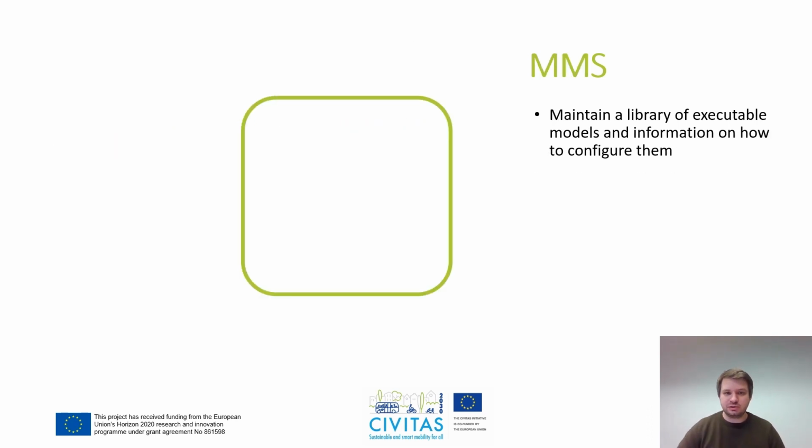The main component in the model management system is the model library manager. Here we have already seen in a previous unit that we will use many different models to respond to different use cases in urban logistics.